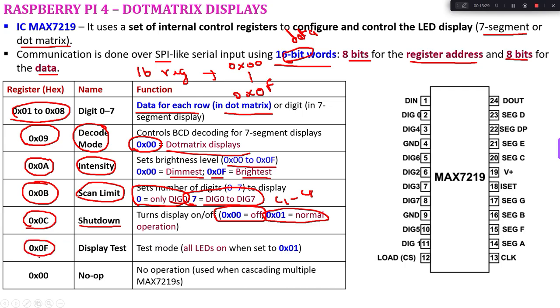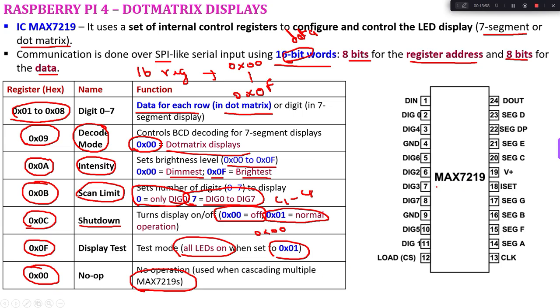Setting it to 0x01 turns all the LEDs on, and if I don't want to test, I put it to 0x00. Address 0x00 is used only when cascading multiple MAX 7219s. If I want to use more dot matrix displays, I need more MAX 7219s, and in that case we use this 0x00.